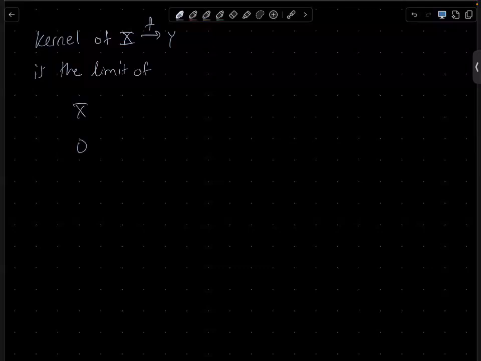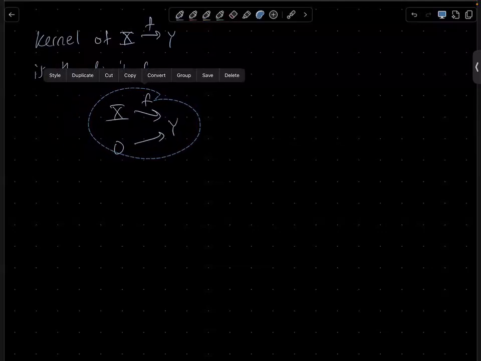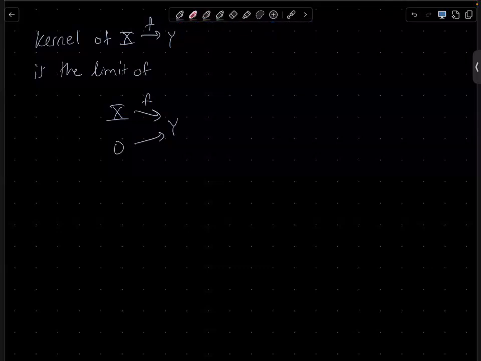I have X up here, I can map F to Y, and then there's also this zero morphism. This is one way you can do this. So it's the limit of this diagram, and these maps exist and make the diagram commute, and it's universal with respect to this diagram.